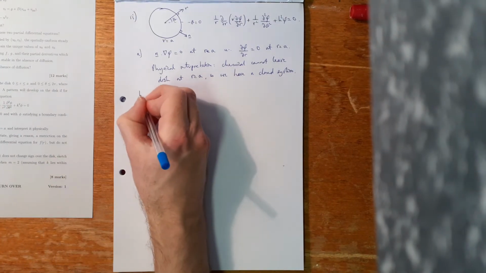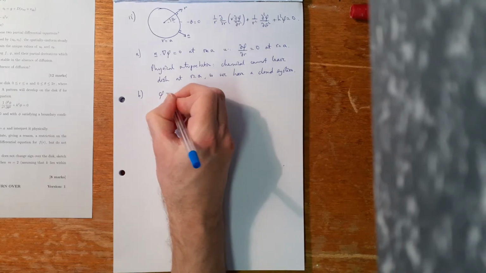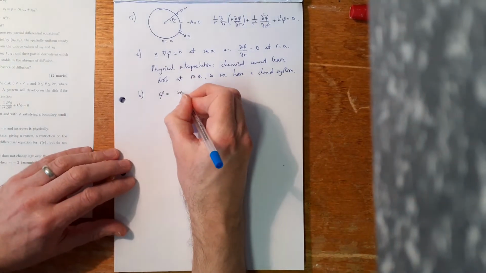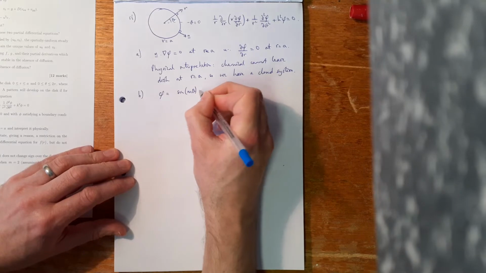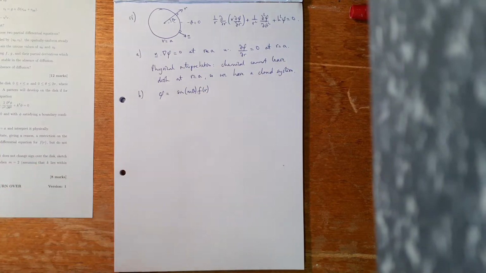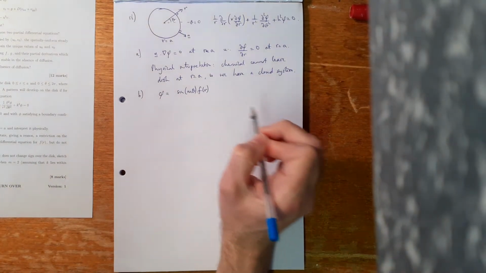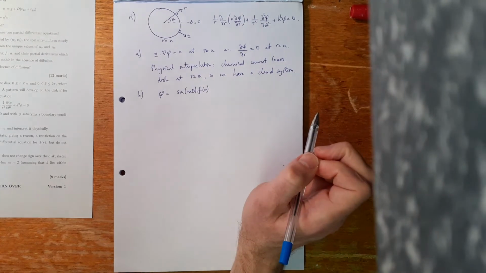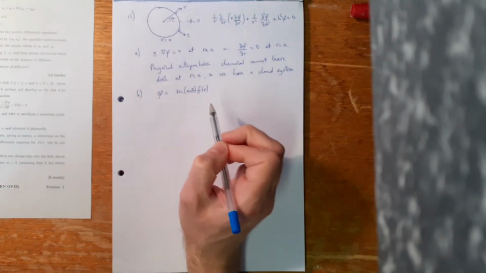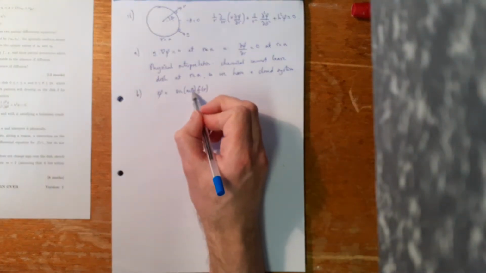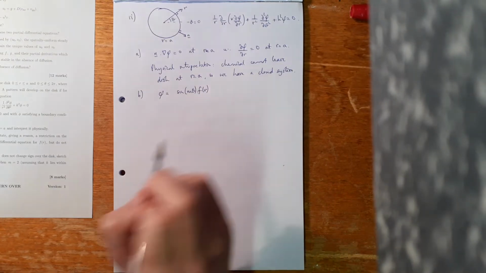Okay, now part B, we're told to assume that phi is sine m theta times f of r. State, giving a reason, a restriction on m. Well, m's going to have to be an integer. So phi has got to be a periodic function of theta with period 2 pi. So what's the reason for that?